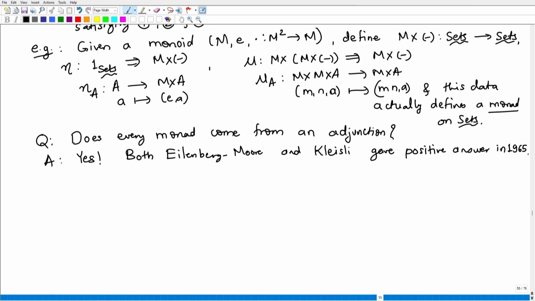Can you find another category such that an adjunction will give me this back? Before we try to understand what Eilenberg-Moore and Kleisli did.